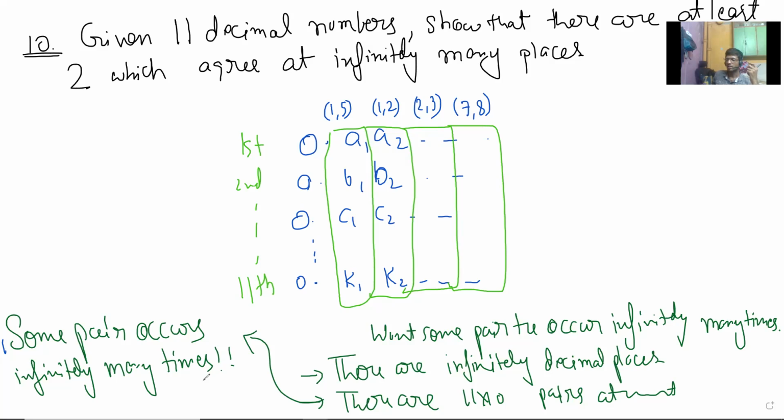So what I learned from here is that we shouldn't get panicked by infinitely many. You can just analyze it column wise and things like that. So this is the first problem.